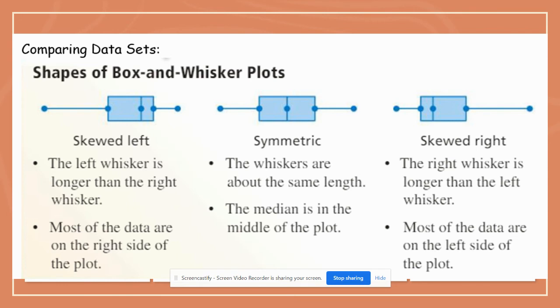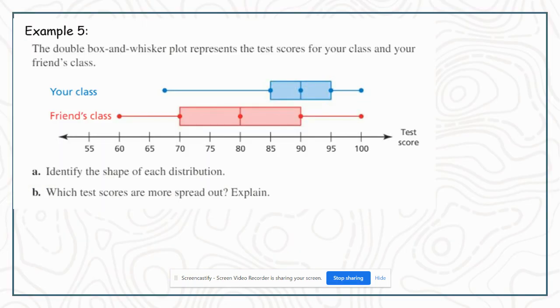Pause the video and jot in these comparisons. So let's take a look. We have test scores for our class and our friend's class. Our right whisker here, we're not sure exactly where this is. We're going to say maybe this is 68 to 85, and that's going to give us a difference of about 17 on that whisker.